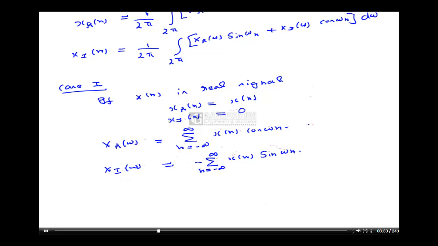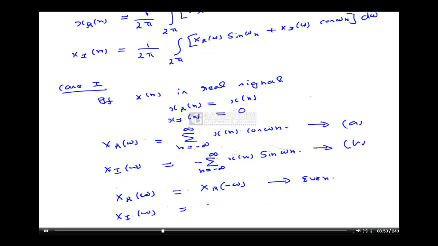From these equations A and B, we can conclude that X_r(omega) is equal to X_r(minus omega), that is even. X_i(omega) equals minus X_i(minus omega), that is odd.